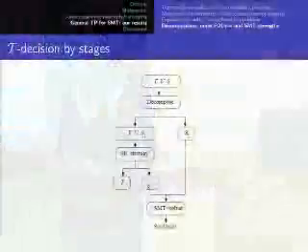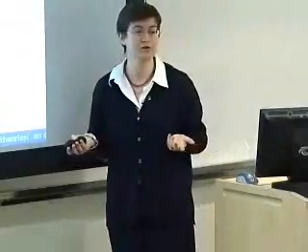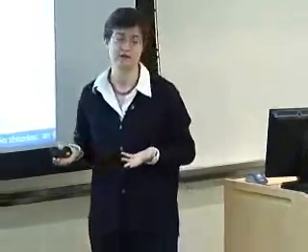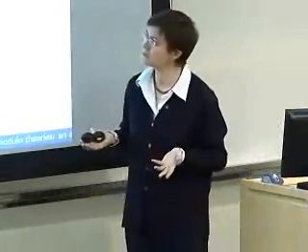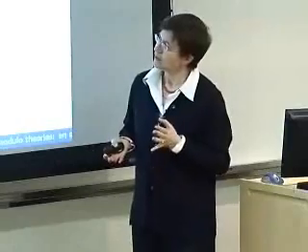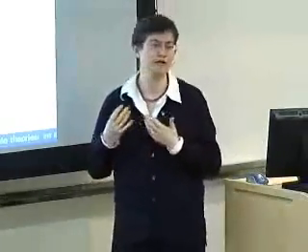We call it T decision by stages. So we start with the problem, which is T, the theory, or a combination of theories, because it all leads up to combinations, and S, a set of ground clauses, not necessarily unit. We decompose it. Now, the crucial part of the decomposition is to make sure that this one only contains ground units, but doesn't have to contain them all.